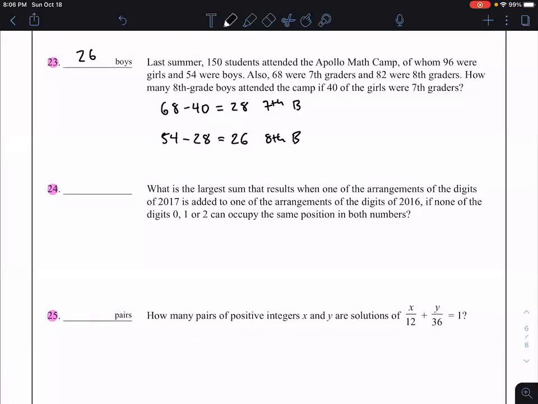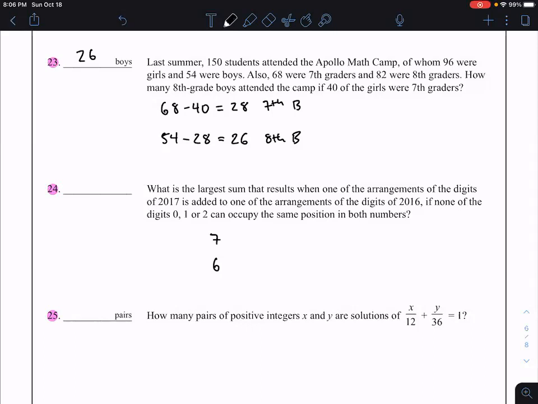24. What is the largest sum? Yeah. So your first digit will be 7 and 6. And then the problem says that 0, 1, and 2 cannot occupy the same position in both numbers.